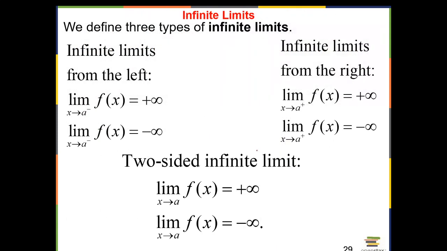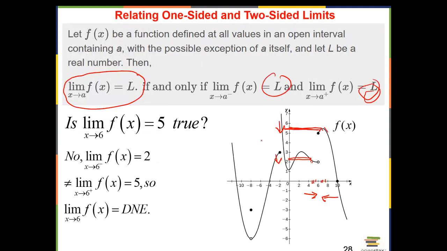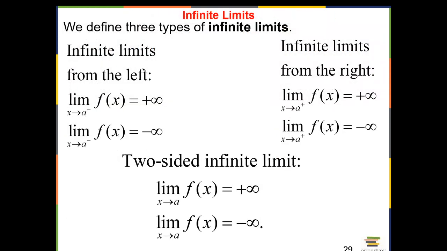Okay? All right, so we could also talk about infinite limits. What does that mean? It means that when input values approach a number in the domain from left or from right, the function values go to infinity.